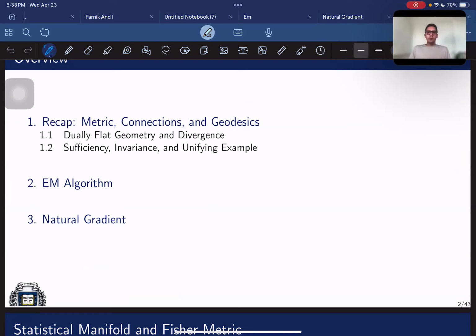If you remember, we already discussed this algorithm in session 2, but here in a principled way, we would discuss exactly by the means of information geometry what the EM algorithm does. And then finally, we would go to the famous natural gradient, the tool that information geometry enables us to tackle a wide range of problems from optimization to reinforcement learning.